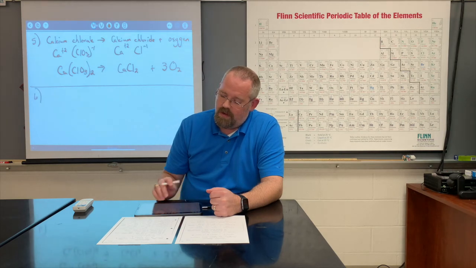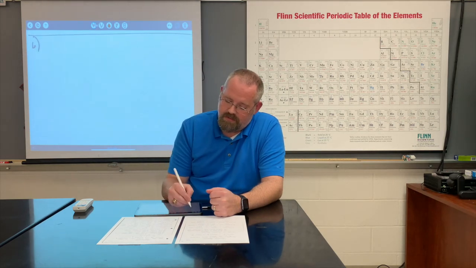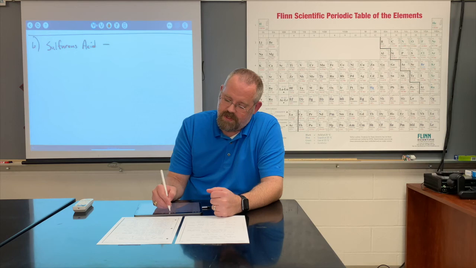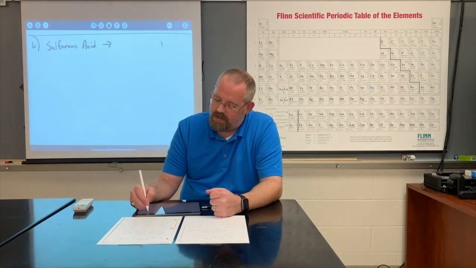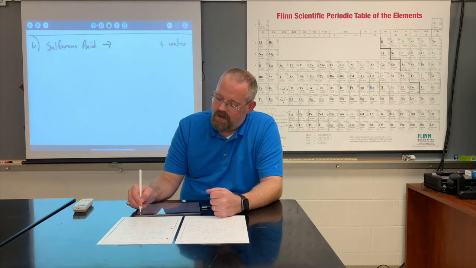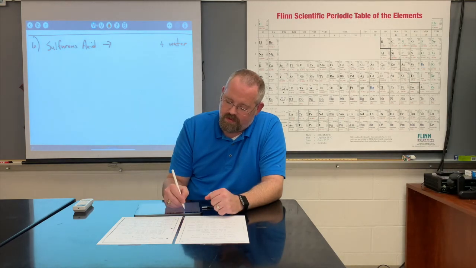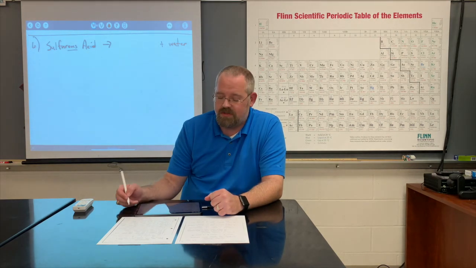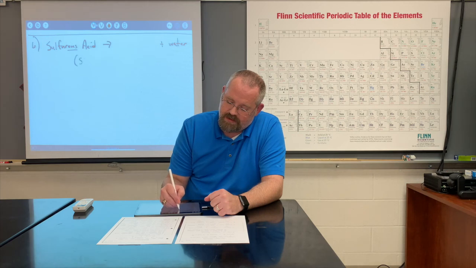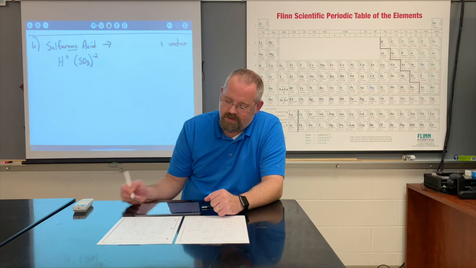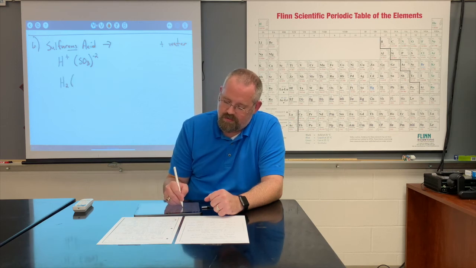All right. And the last type is going to be a polyatomic acid. So we're going to do sulfurous acid. It decomposes into a non-metal oxide plus water. Now, for these, just like synthesis type 3, it's a little easier to work backwards. So do the formulas first. Sulfurous means sulfite. So sulfite is SO3 with a -2 charge. All acids have a hydrogen, so I get H2SO3.